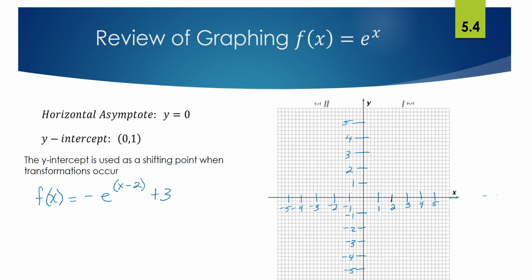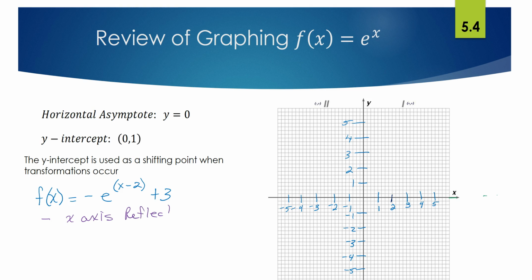In this section, you're going to have to review your graphing transformation rules for exponentials. So let's go over those real quick as well. So notice that now I'm changing the function from f of x equals e to the x to f of x equals negative e to the x minus 2 plus 3. The negative is an x-axis reflection.